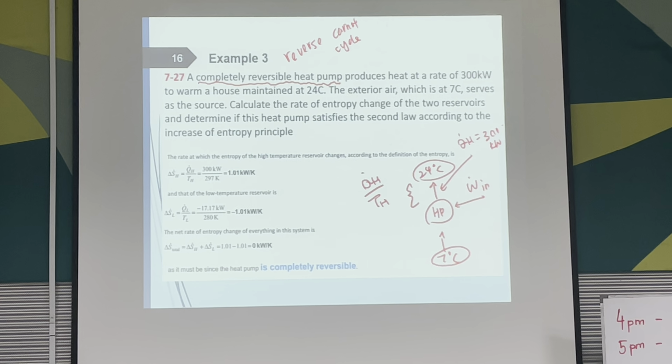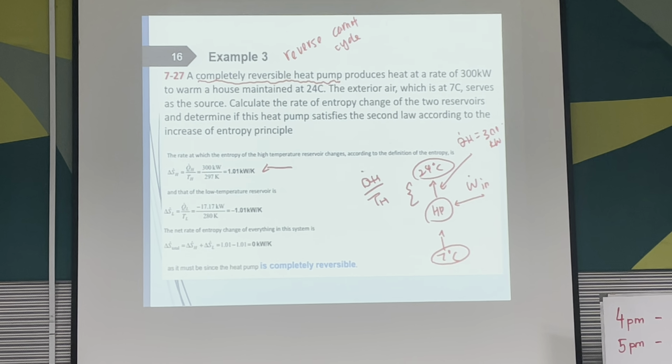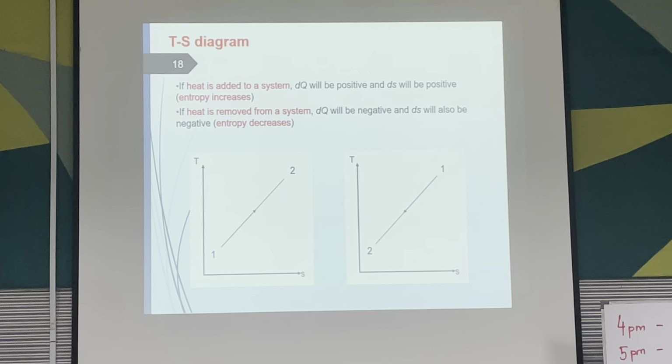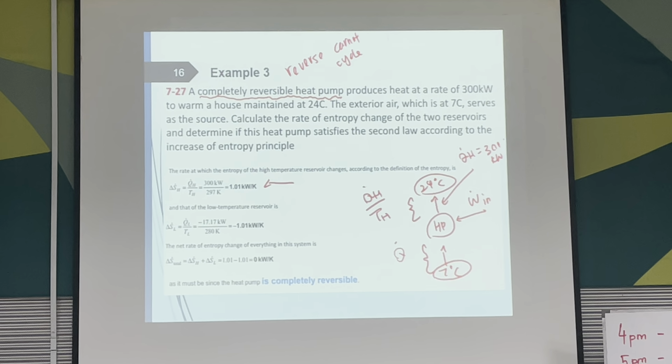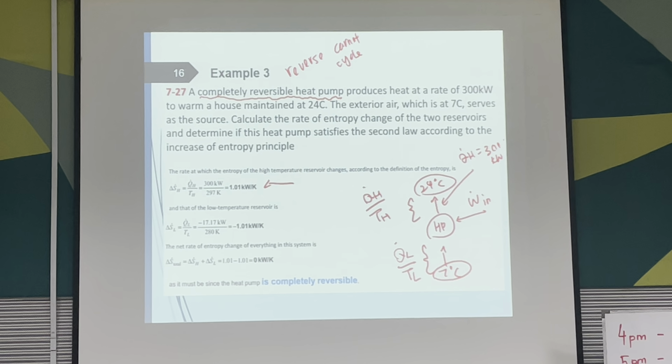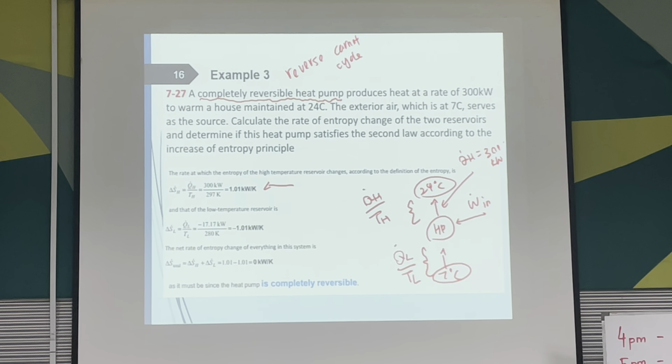This one, all the values are given, so you can see here. But at this section, QL over TL. So we don't have QL. So what do you need to do to get QL?